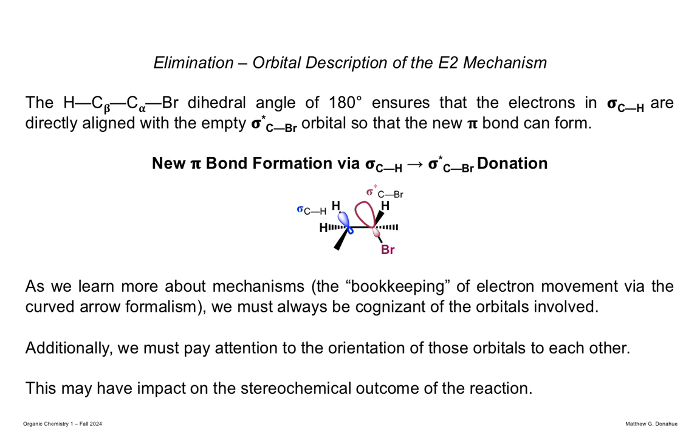They're directly in line with one another. So two electrons, an empty orbital, they go right into there, and then that bond breaks. I can't stress this enough: the reason for the 180 is because of those orbitals.